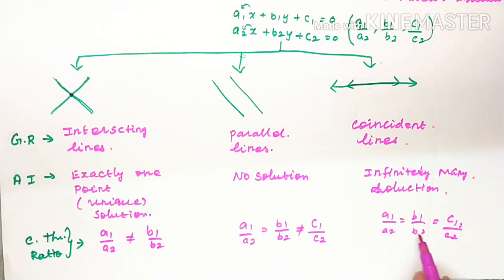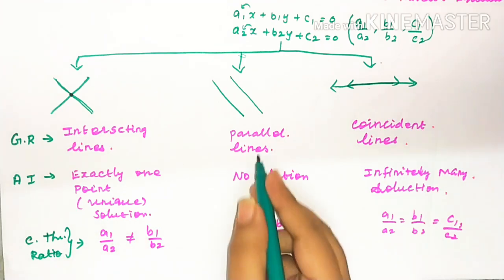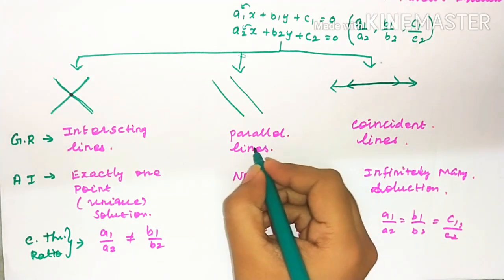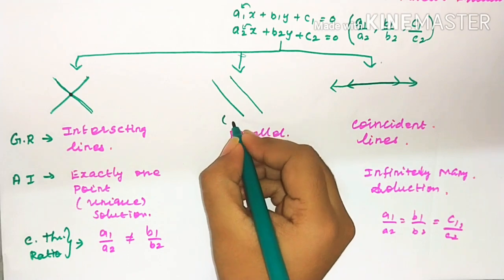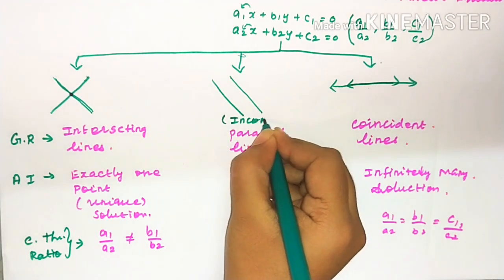If all the ratios of the coefficients are equal, the two lines have many solutions, and it is a coincident line. And one more: a parallel line we can say is inconsistent.